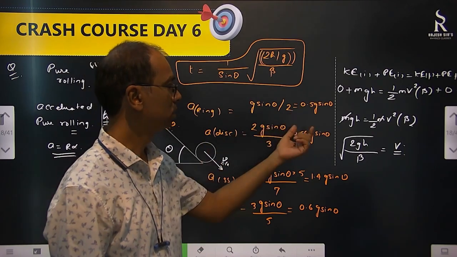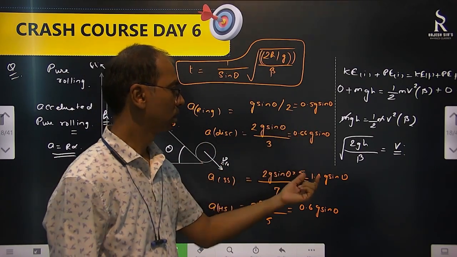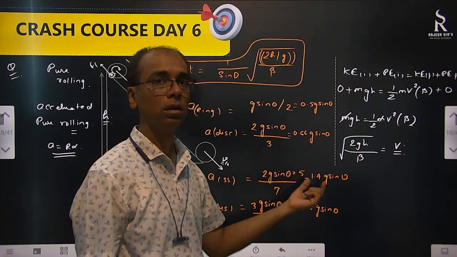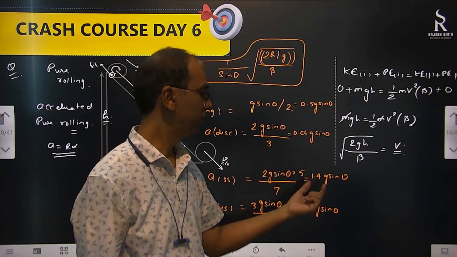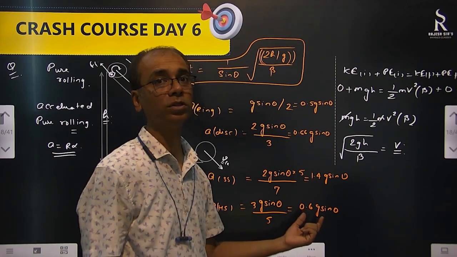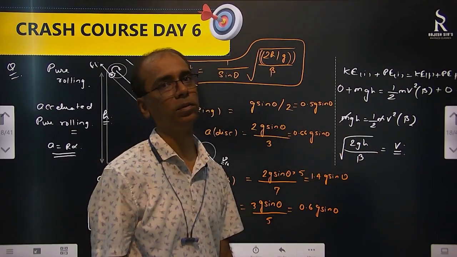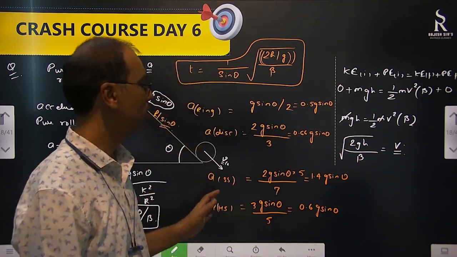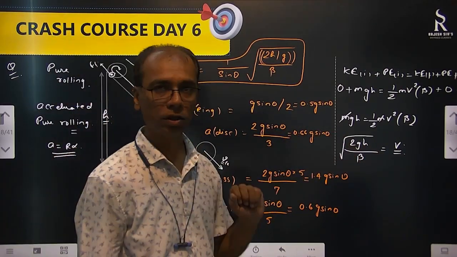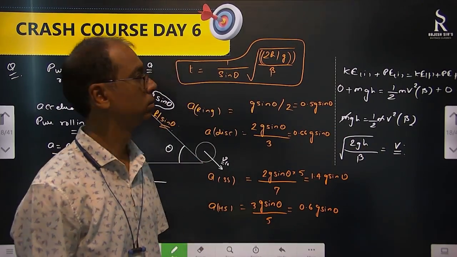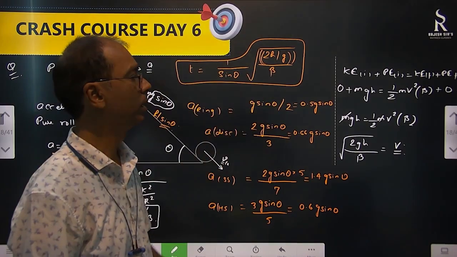This is 2, this is 3 by 2 which means 1.5, this is 7 by 5, 1.4, and this is 5 by 3, 1.66. The least is for the solid sphere. So velocity also for solid sphere will be maximum. Acceleration for solid sphere, velocity for solid sphere, then time for solid sphere should be minimum.